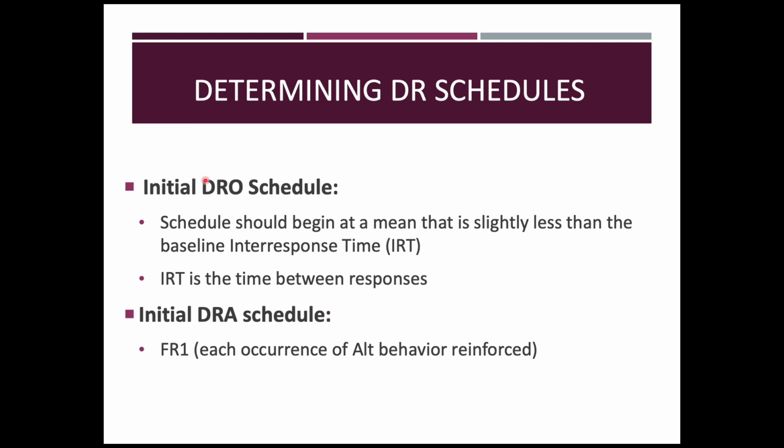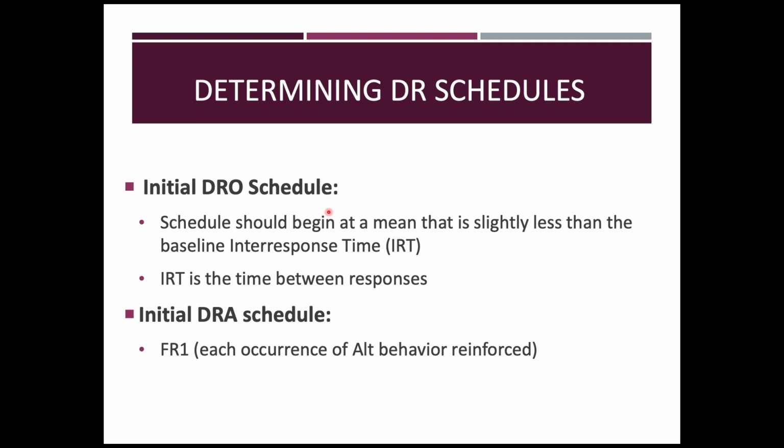So let's go now to a DRO schedule. Selecting the initial DRO schedule takes a little more planning. So I have here that the schedule should begin at a mean that is slightly less than the baseline inter-response time. What does that mean? Hopefully you remember from 502 that the inter-response time is the time between two responses.